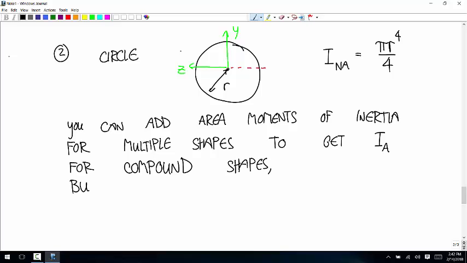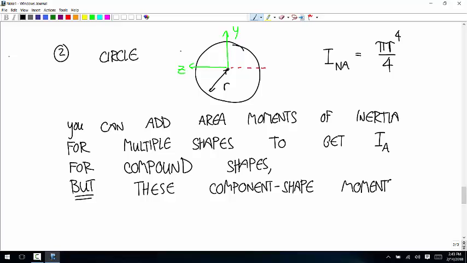But before you can add them, you have to calculate those. So like these component shape moments of inertia must be about the same axis.